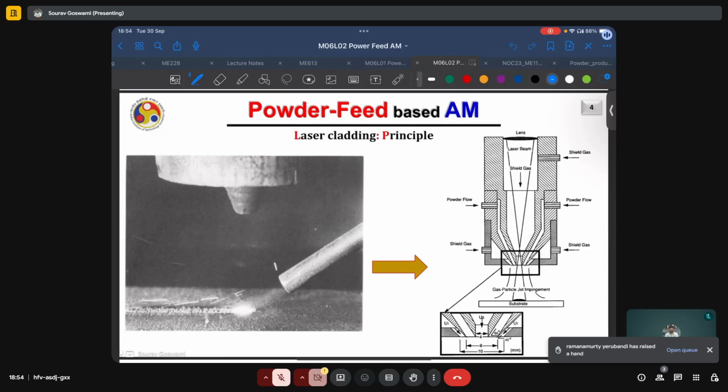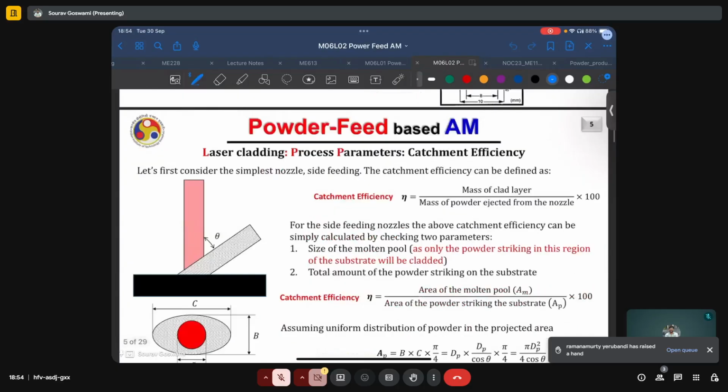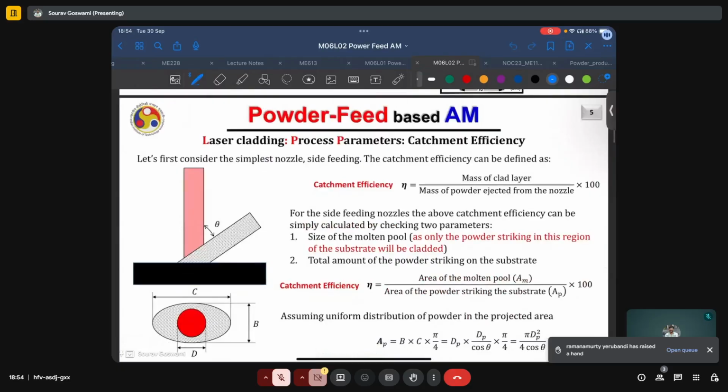And a second improved version of this machine is also shown on the right here, where we have the laser coming from the center, and now the powder, rather than being fed laterally just from one side, was fed in a continuous coaxial fashion and delivered by the carrier gas.